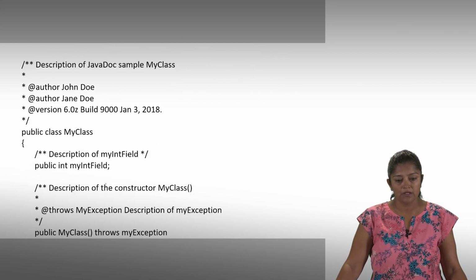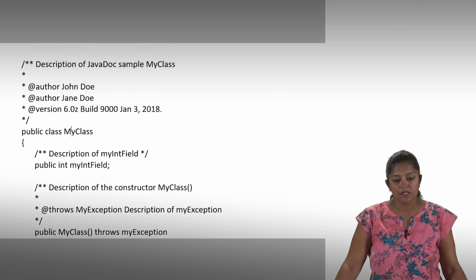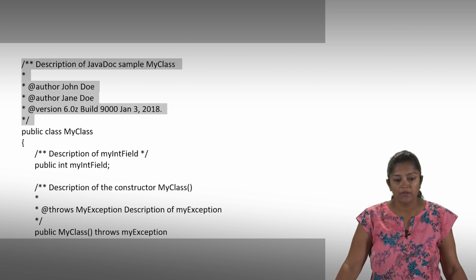So let's look at another example here with all of these tags that we just looked at. Here's the same MyClass example. Here's our Javadoc block. You can start out with a few sentences describing the purpose of the class, followed by the author information.